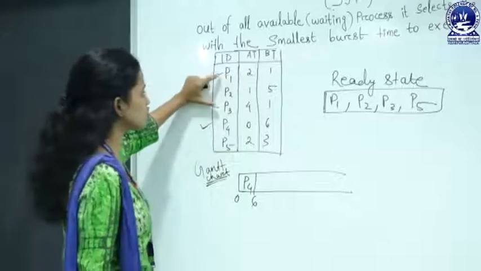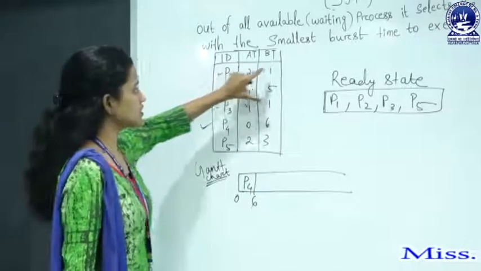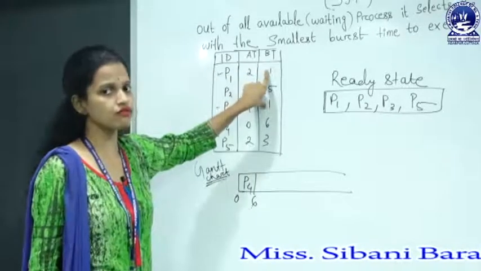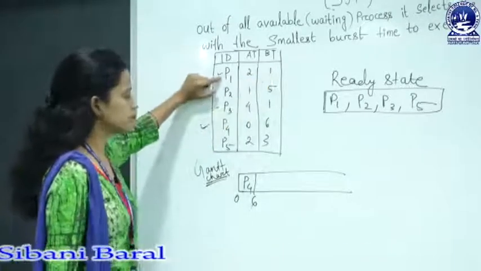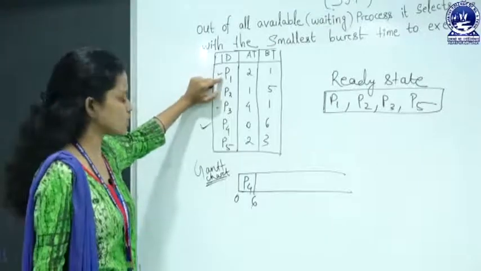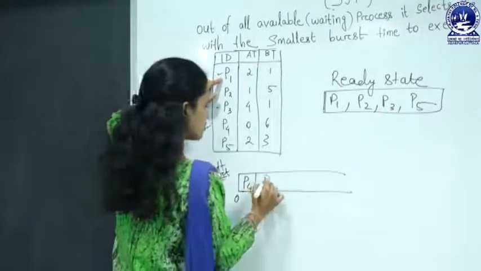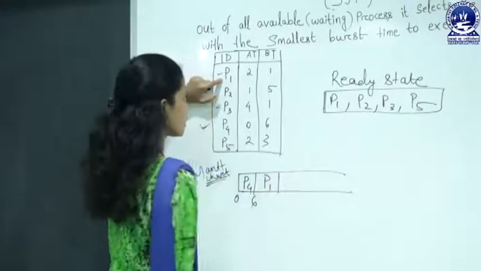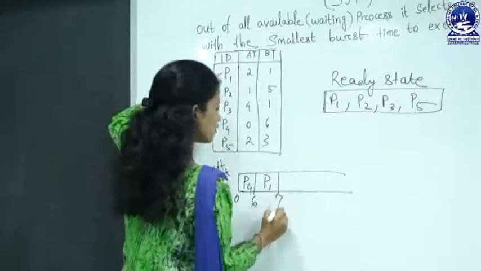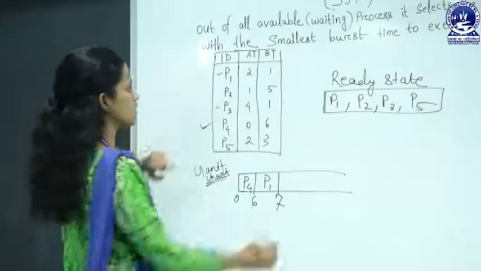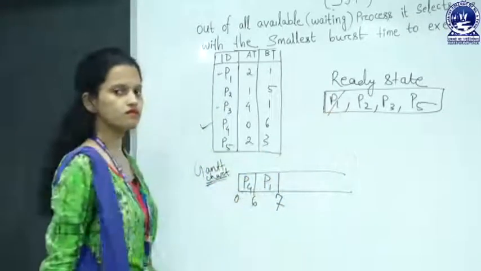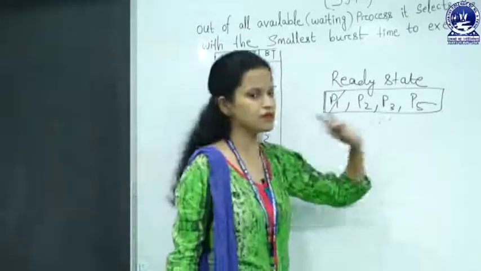So two processes having the same burst time, then we have to apply what? FCFS. So we have to allocate P1 to the CPU. P1 would be allocated to the CPU for how much time? For 1 millisecond. After that, P1 has been done. Then we have P2, P3, P5.